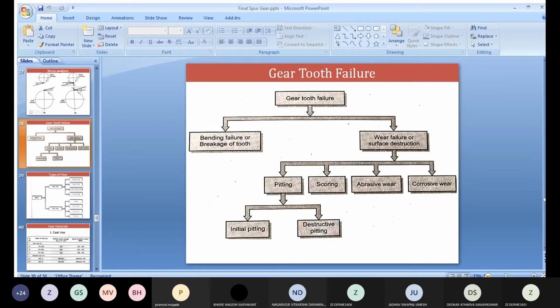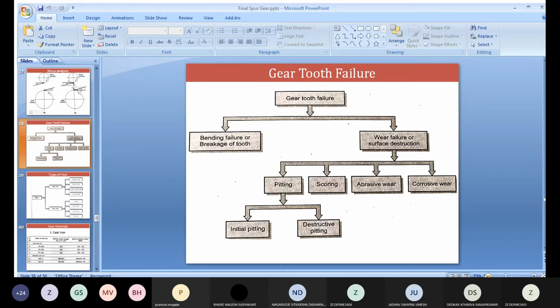But if we are using the temperature range, or if we are considering the chemical reaction with the atmosphere as well as the working condition, in that case corrosion will occur, and the surface over the gear pair is removed. So removal of the surface will occur.